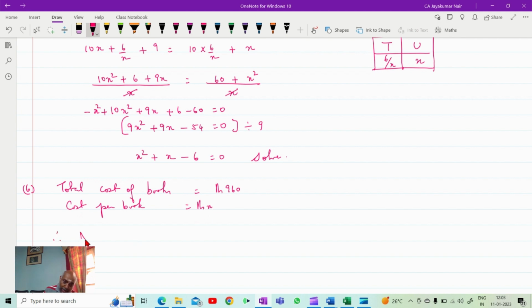Therefore, how many books can you buy? The number of books that you can purchase will be 960 over x. Supposing 960 is the total amount that you're spending, one book is say 10 rupees, how many books can you buy? This divided by this. So 960 divided by x will give you the number of books.